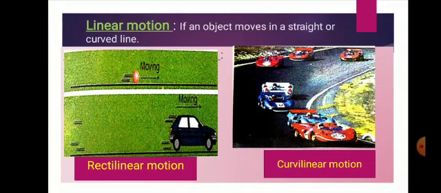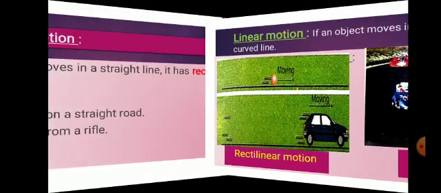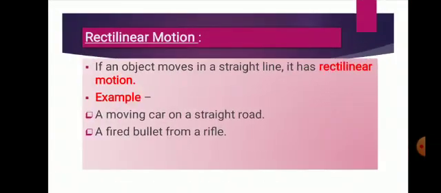See in the figure, that car is moving in a straight line, so it is called rectilinear motion. And when the car is moving on a curved road, it is said to be in curvilinear motion. See rectilinear motion. If an object moves in a straight line, it is rectilinear motion.